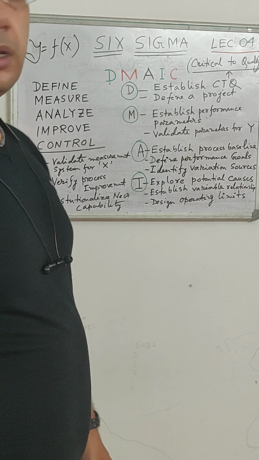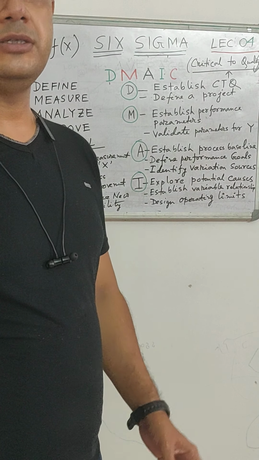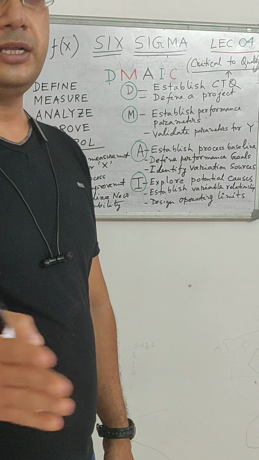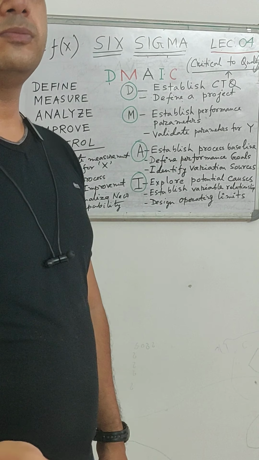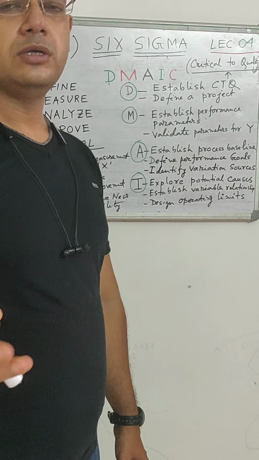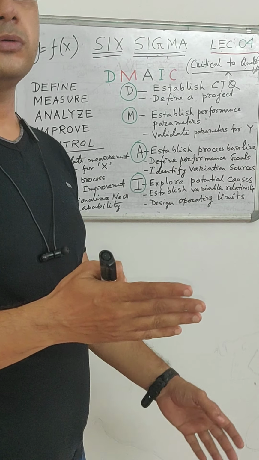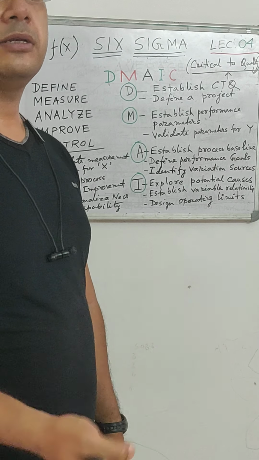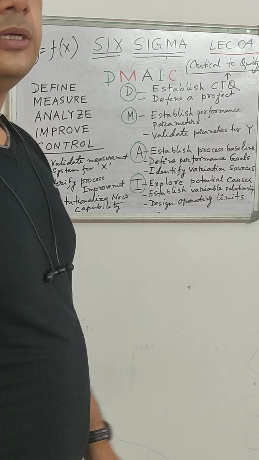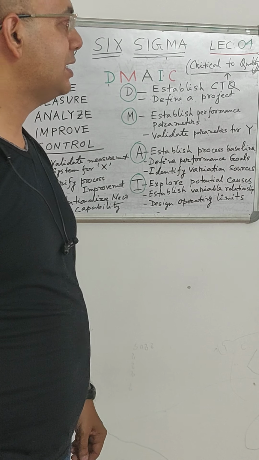Because these are all a series of concepts, if you have missed earlier lectures, it will be difficult to go further. So those who are new, I request them to go through our earlier videos, then come to this lecture. So this is our fourth lecture.